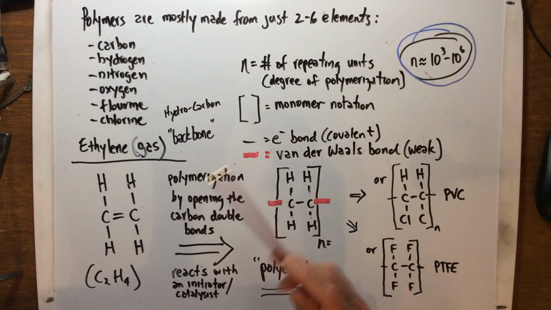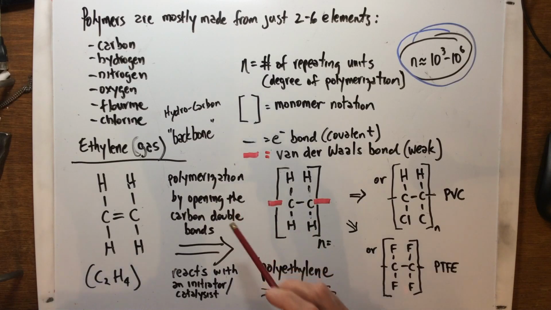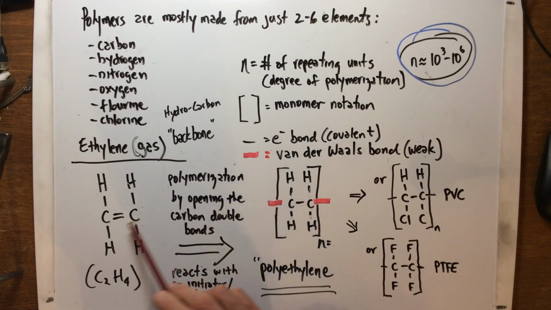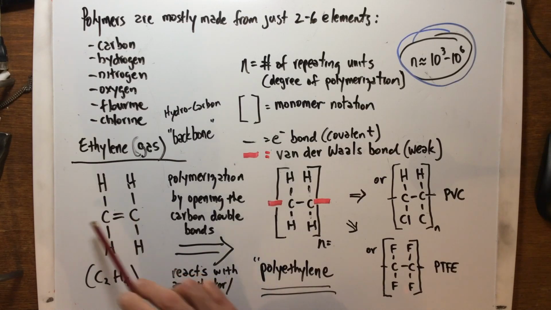Now, during this process that the chemical companies use to polymerize this, they react this gas with what they call an initiator or a catalyst, which breaks open that carbon double bond and allows it to have a side bond on either side of this carbon.